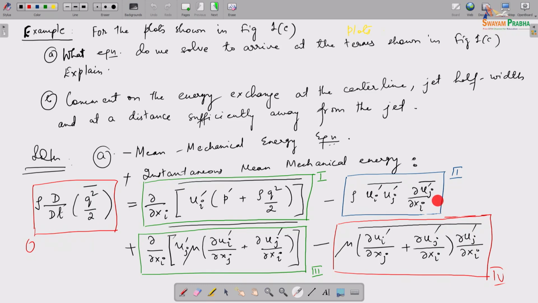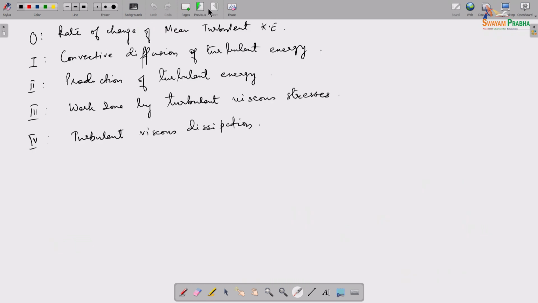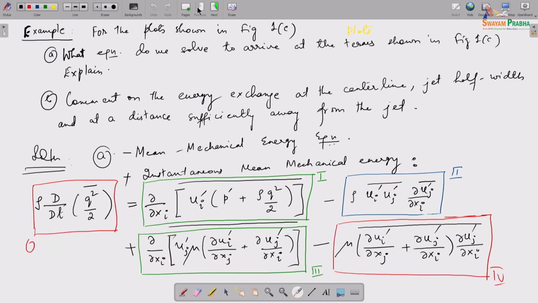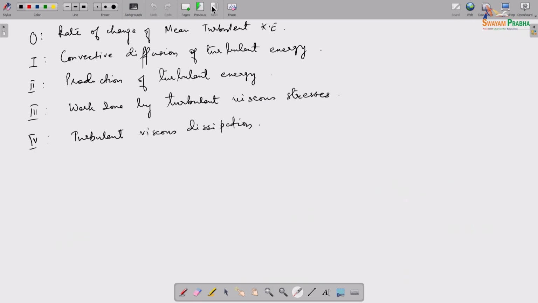The second term is the production of turbulent kinetic energy. The third one is work done by turbulent viscous forces. And the last one is turbulent viscous dissipation.